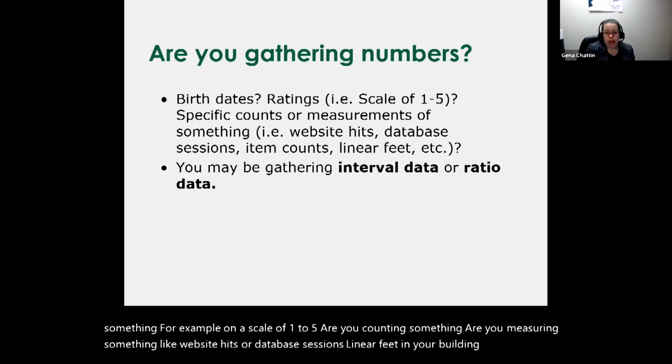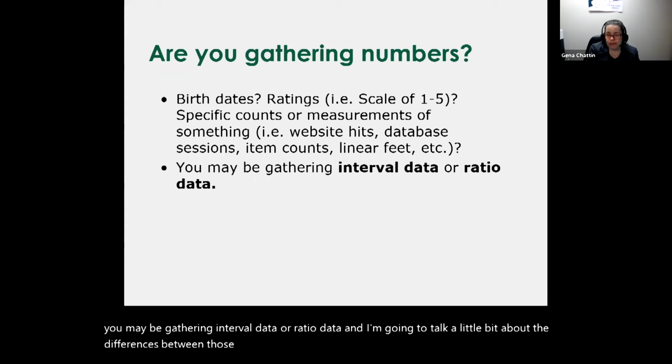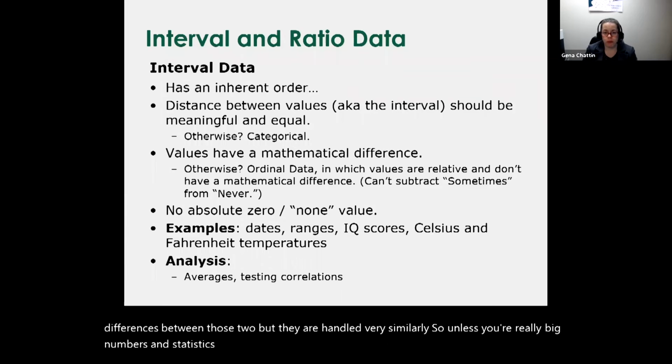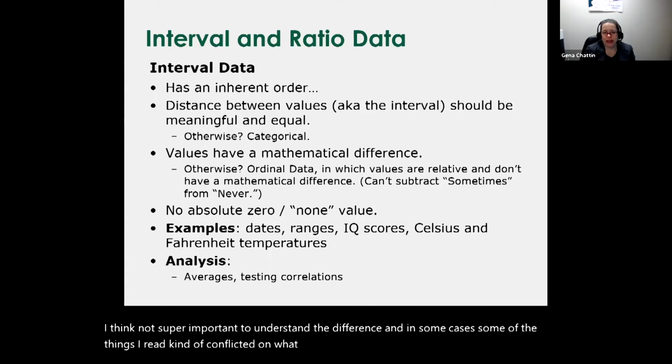In that case, you may be gathering interval data or ratio data. And I'm going to talk a little bit about the differences between those two, but they're handled very similarly. So unless you're a really big numbers and statistics nerd, I think it's not super important to understand the difference. And in some cases, some of the things I read kind of conflicted on what the difference was between the two.